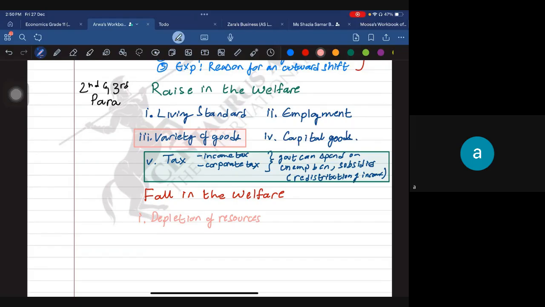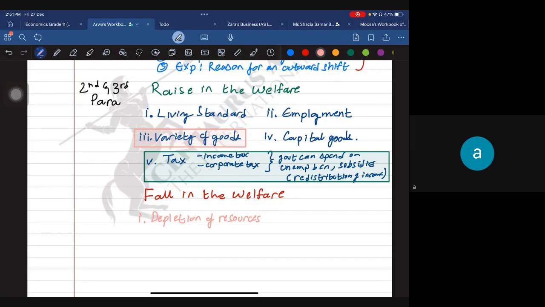If productivity is based simply on capital goods, will it help the welfare of the people of this generation? If they're only using capital goods, in the long term it can maybe even result in unemployment. But right now, we are talking about the welfare of the citizens who are currently living.